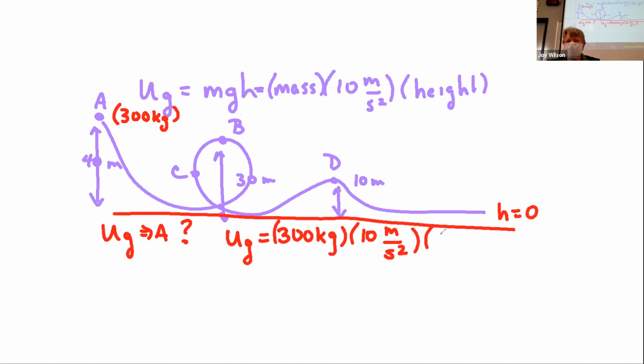So point A would be 40 meters above ground. Everybody okay with that? You get to pick where you put the 0 height. I put it at ground level for the bottom of the roller coaster, the lowest point. So then our potential energy would be 300 times 10 is not 4 something.